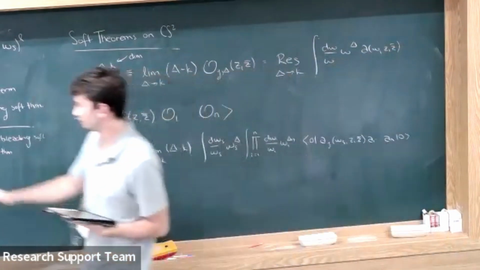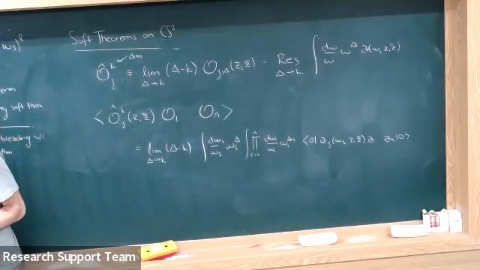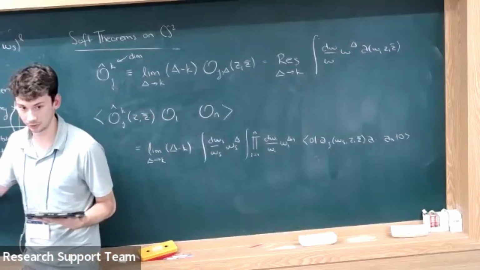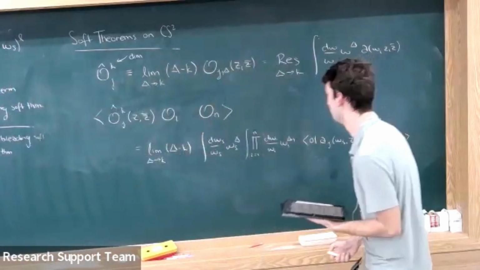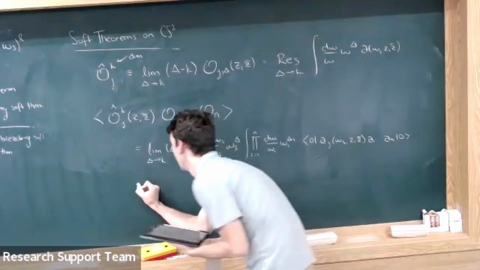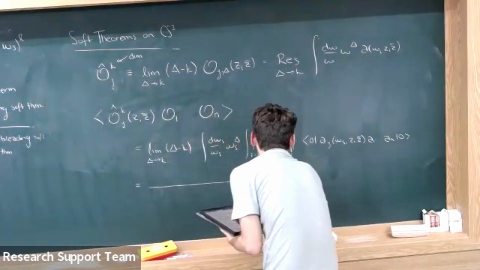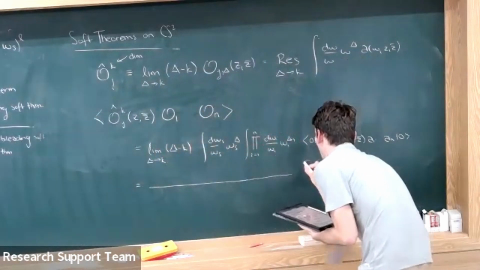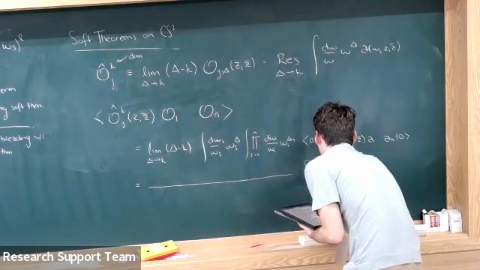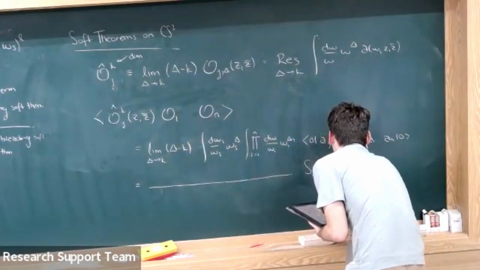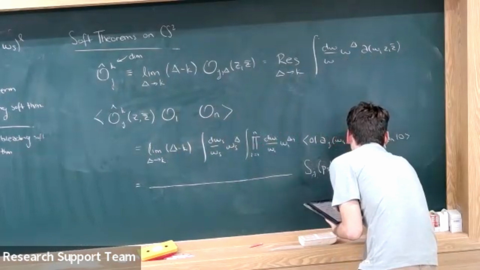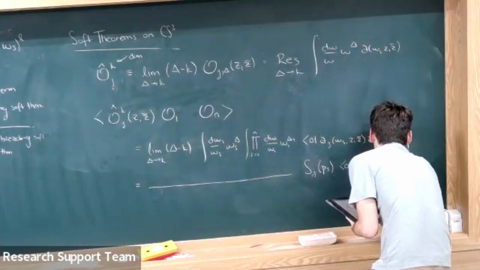I'm just going to use this soft theorem for the J-th particle to rewrite the scattering amplitude as the soft term associated to J times the scattering amplitude without the J particle. Okay, so this is also immediate. I get all the same stuff here. And now I just have S_J acting on now the n-particle scattering amplitude.